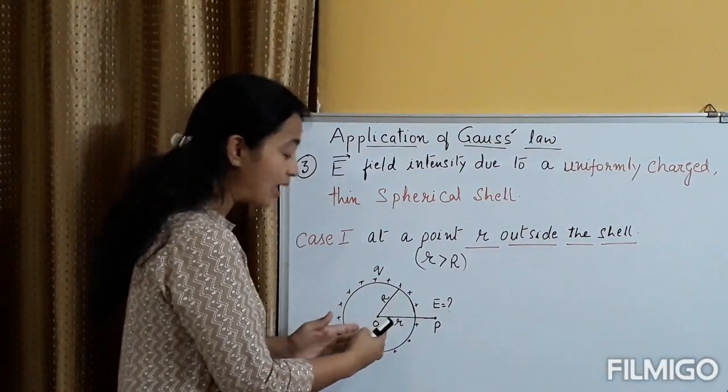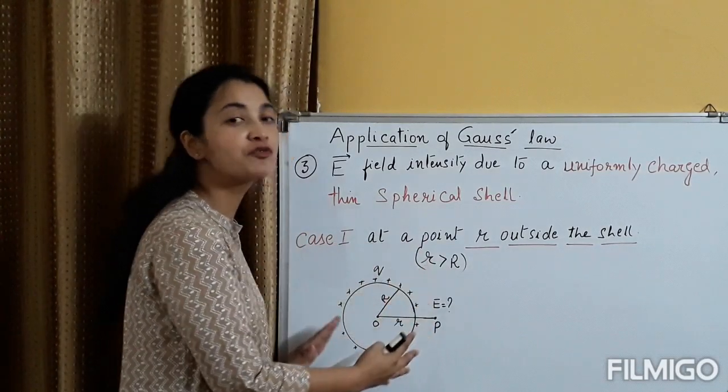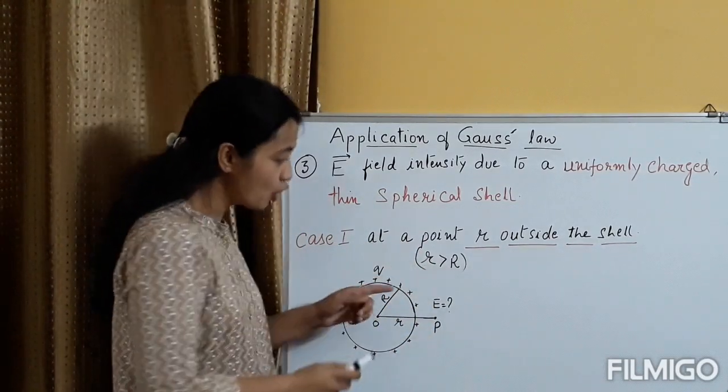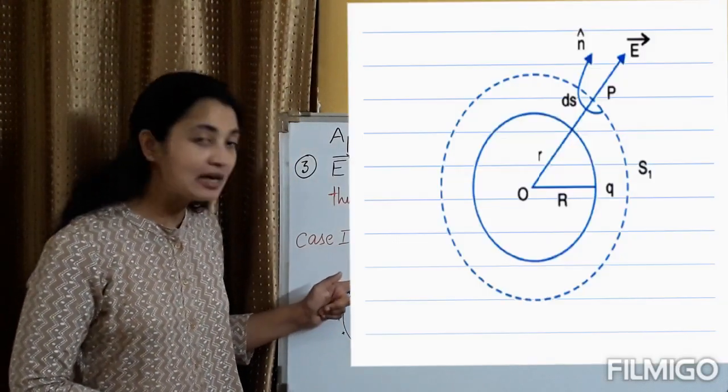So once this charged shell is enclosed by the suitable Gaussian spherical shell, it is going to look something like this. I hope you have seen it.